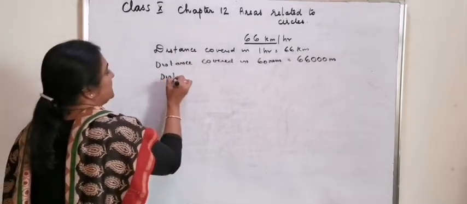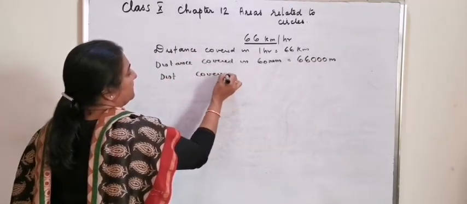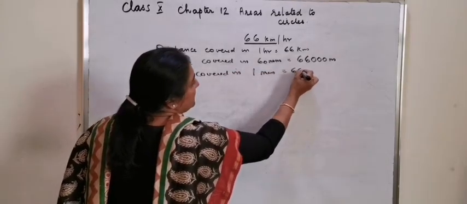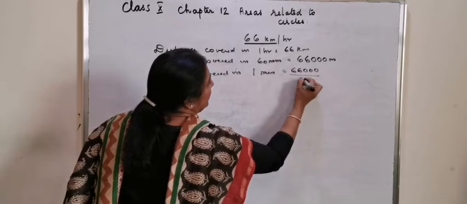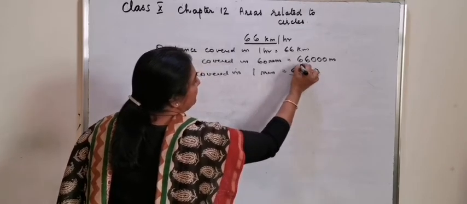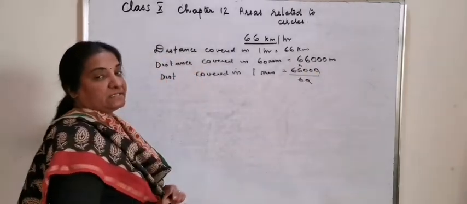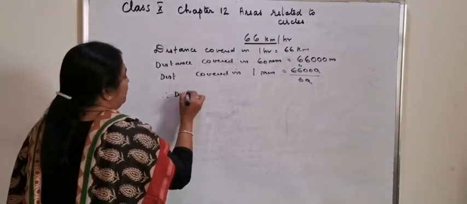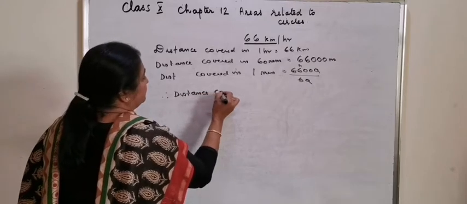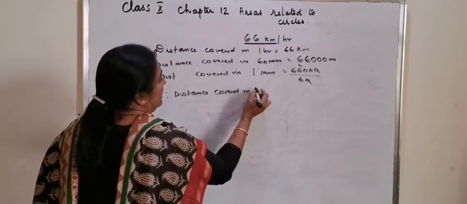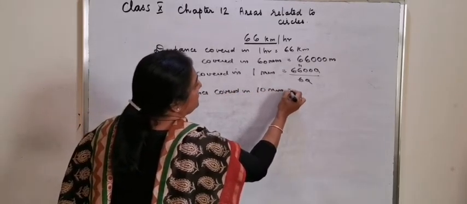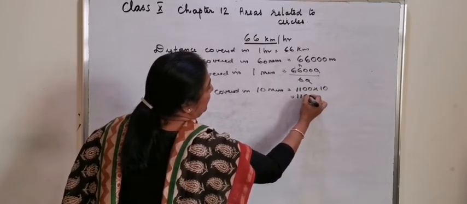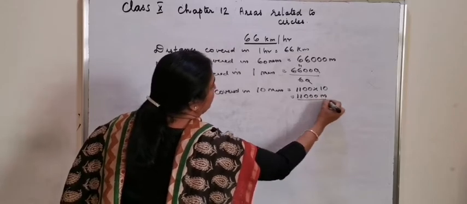Or the distance covered in 1 minute is the same as 66,000 divided by 60. In the question, it is the distance covered in 10 minutes. Therefore, the distance covered in 10 minutes is the same as 1100 into 10 or 11,000 meter.